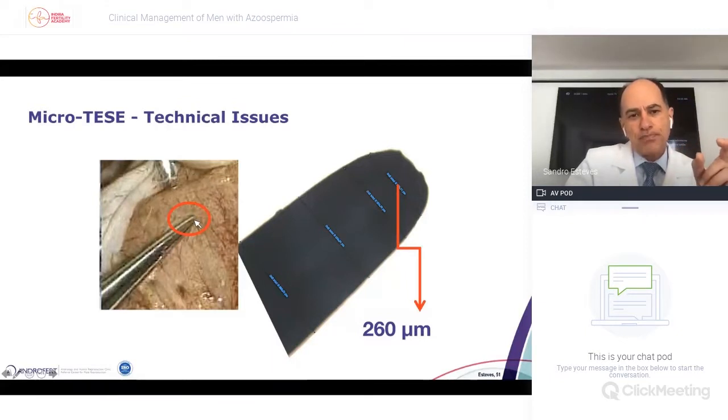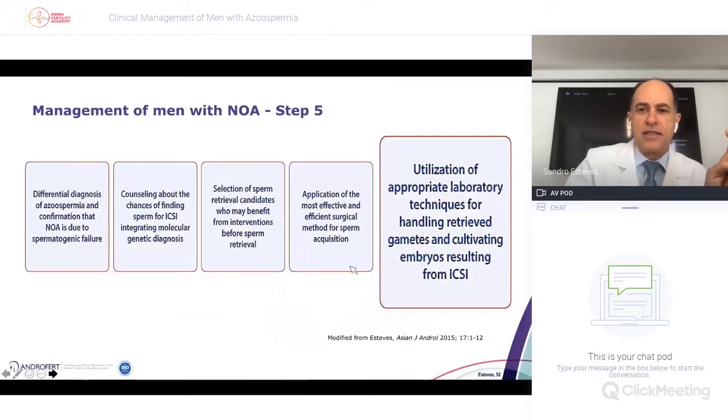And I will take those tubules that match the tip of the forceps, because I use the tip of the forceps as a measuring device to identify objectively the tubules more likely to contain spermatogenesis. So this regards the application of the most effective and efficient surgical method for sperm acquisition.